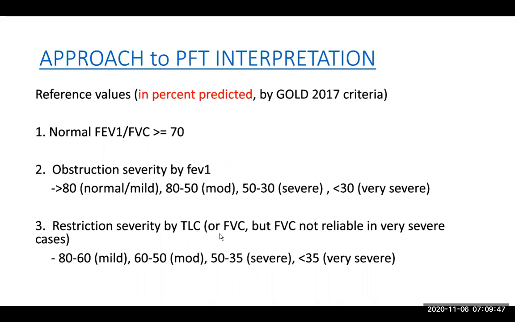It's not a perfect mirror, and the FVC is oftentimes not reliable when the restriction is very severe. So if we can lock these numbers away, the FEV1 to FVC ratio, obstruction severity by FEV1, restriction severity by total lung capacity, it helps us as we walk through our algorithm with these pulmonary function tests.